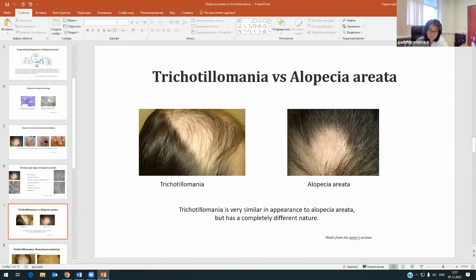TTM is 7 times more common in children, with 2 peaks of initiation: 0 to 5 years and between 10 and 13 years. In this latter group, patients commonly report feelings of anxiety and distress that are only relieved by the act of pulling the hair.